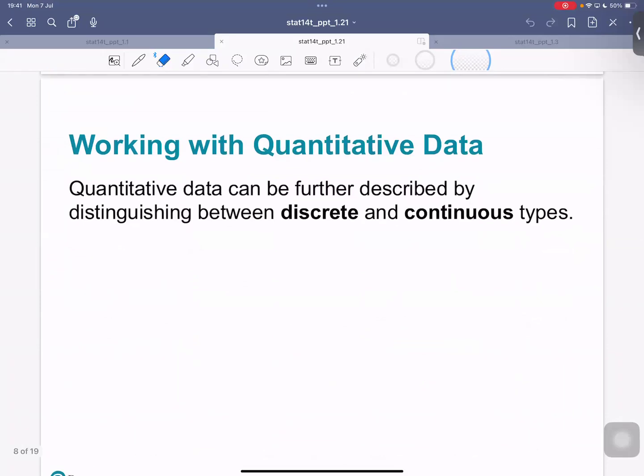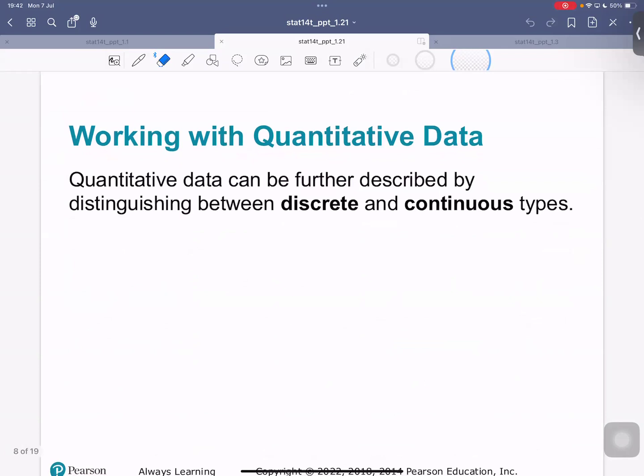Working with quantitative data. Quantitative data can be further described by distinguishing between discrete and continuous types. Maybe I'm going to explain a little bit about discrete and continuous types. For example, if I represent continuous data as a graph, you can see all the data going continuously like this.